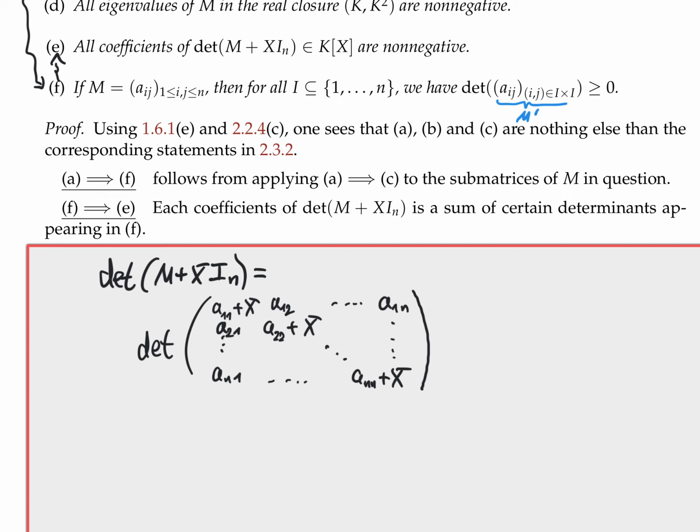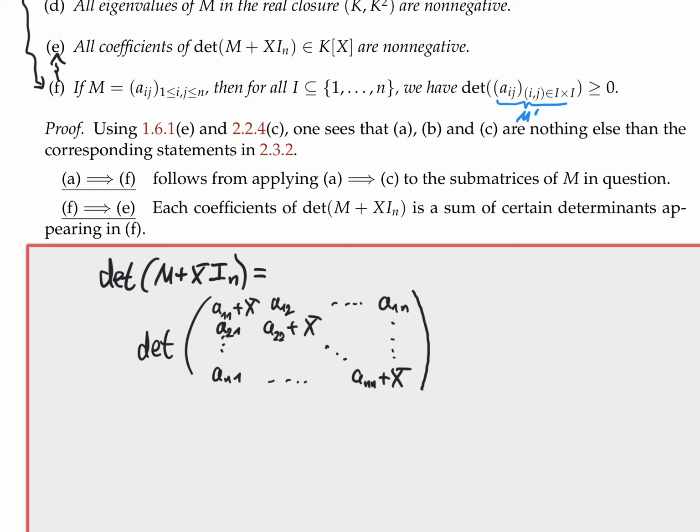So whenever I choose a diagonal entry, I actually have two choices. I can either choose this or I can choose this. If I choose, for example, the top left diagonal entry, then I have a choice for this or for this. So I have an additional choice.